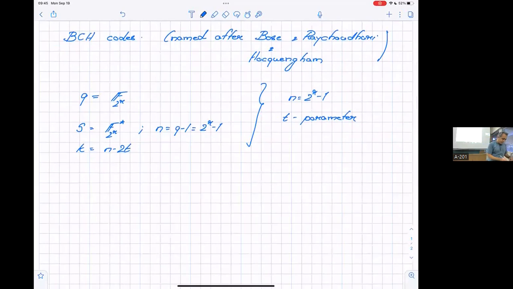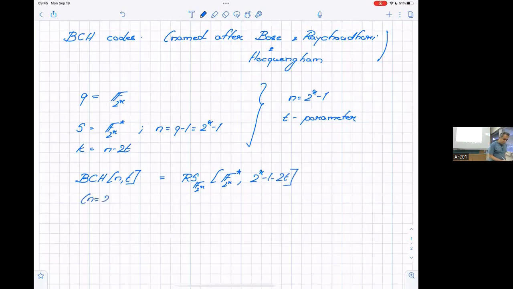So n, that's the parameter. The BCH code is just going to be the Reed-Solomon code over F_{2^r} star, those set of evaluation points, and the degree is now 2^r minus 1 minus 2t, intersected with F2.